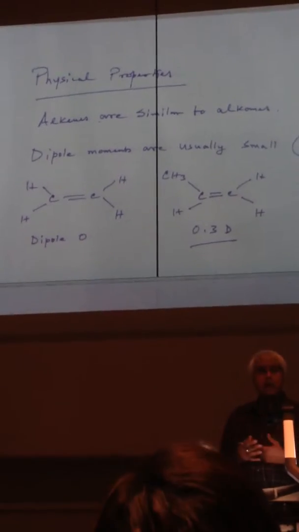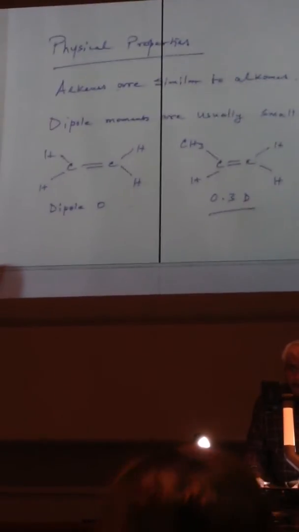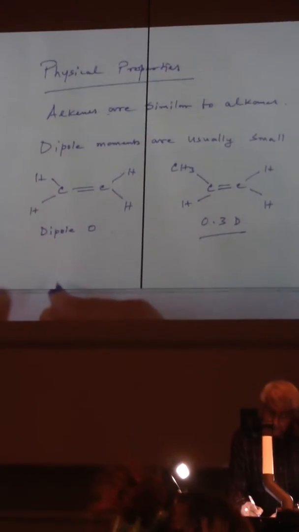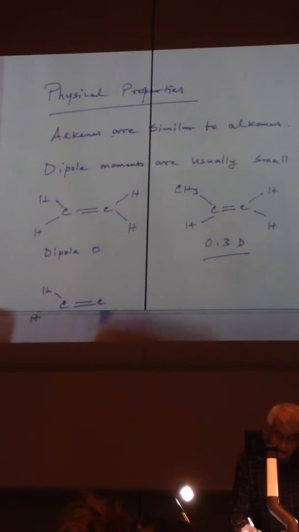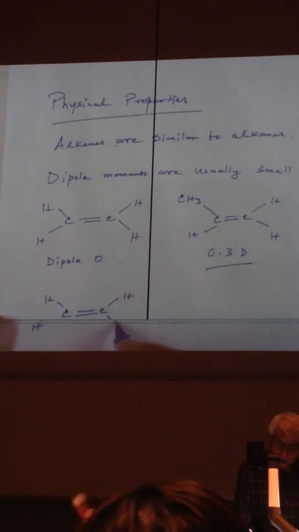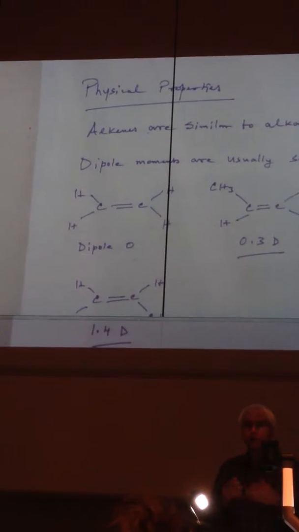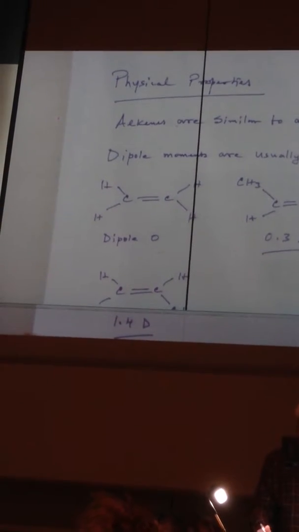Now, the question is, as we already have indicated, that the methyl groups are typically donating electrons towards the double bond. And one way to address that is actually comparing some molecules, such as if you put a halogen, that makes it significantly more polar. So if you, let's say, change one of the hydrogens to chlorine, then the dipole moment becomes 1.4 debye, which is quite significant because of the presence of the chlorine, which is extremely electronegative, as you can see from the electronegativity scale.